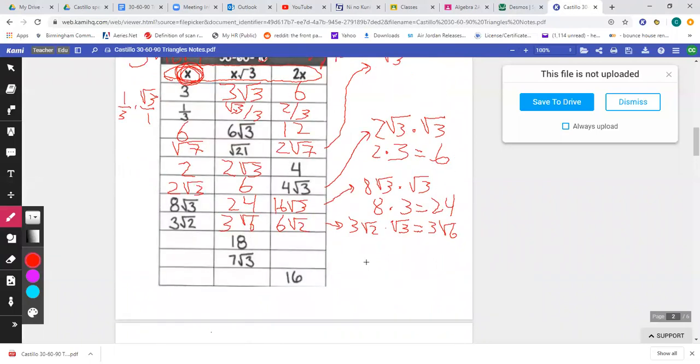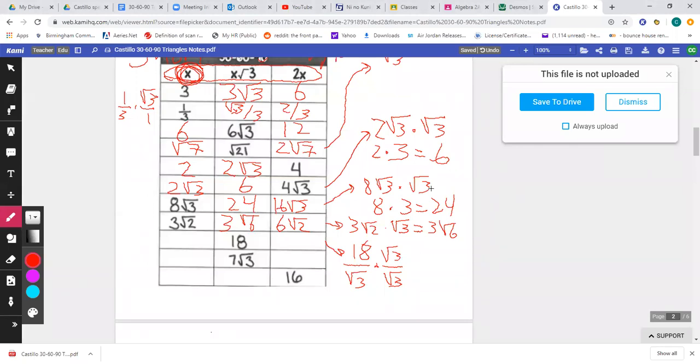So here, 18 divided by root 3. And so if you remember from last class, we don't want that radical on the bottom. So we're going to multiply the top and bottom by radical 3, right? Do you remember we did that last time with the 45, 45, 90 when it was root 2 on the bottom?